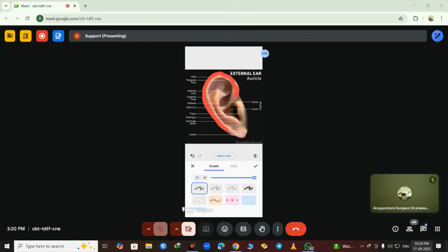First thing, helix is the area which controls or which helps for the blood circulation. Number 1, for the blood circulation.